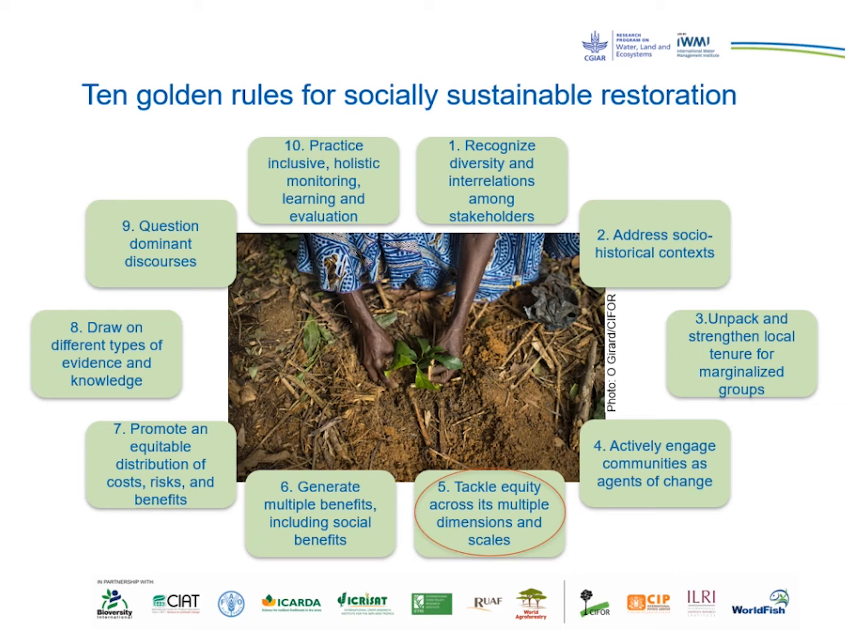I mentioned a range of different groups before, but landless farmers, rural women, which actors are recognized as legitimate actors in restoration, ensuring that they have a voice and that they have influence over restoration agendas, and considering whether they can reap the benefits and share the costs and the risks of restoration.